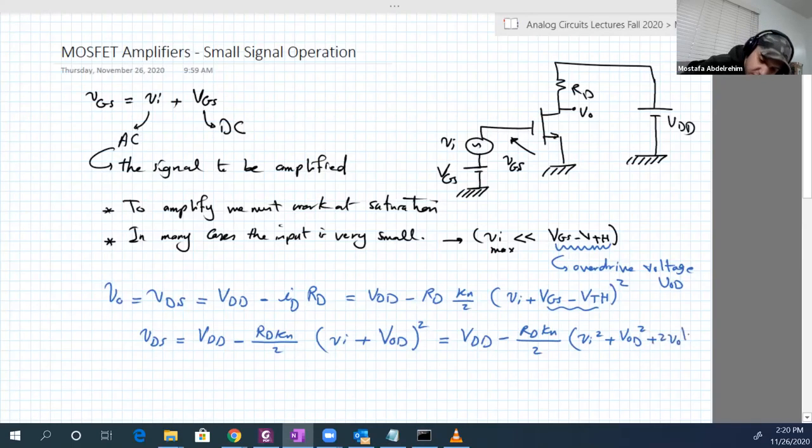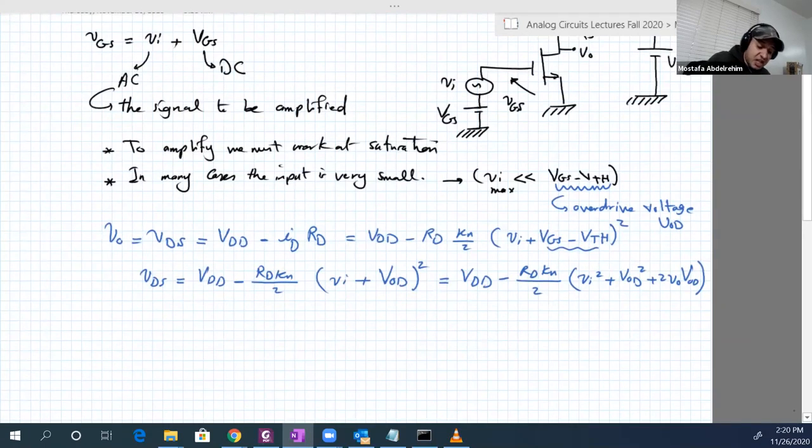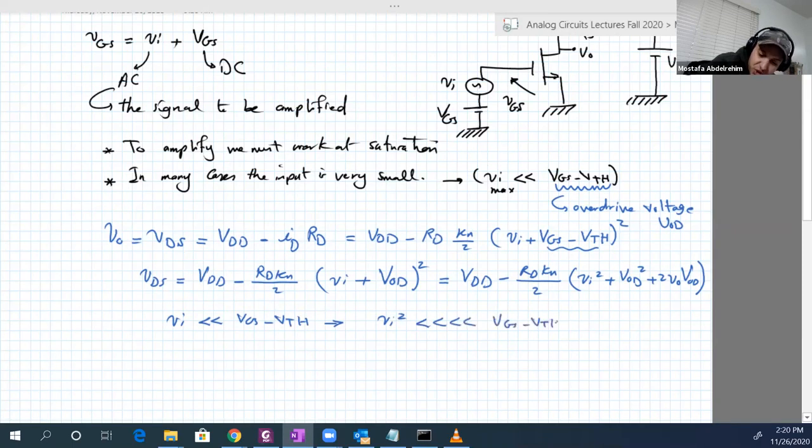Based on the assumption that V input is much less than VGS minus V threshold, Vi squared is much less than the overdrive squared. Let's give an example: 2 is less than 20, the ratio is 1 to 10.